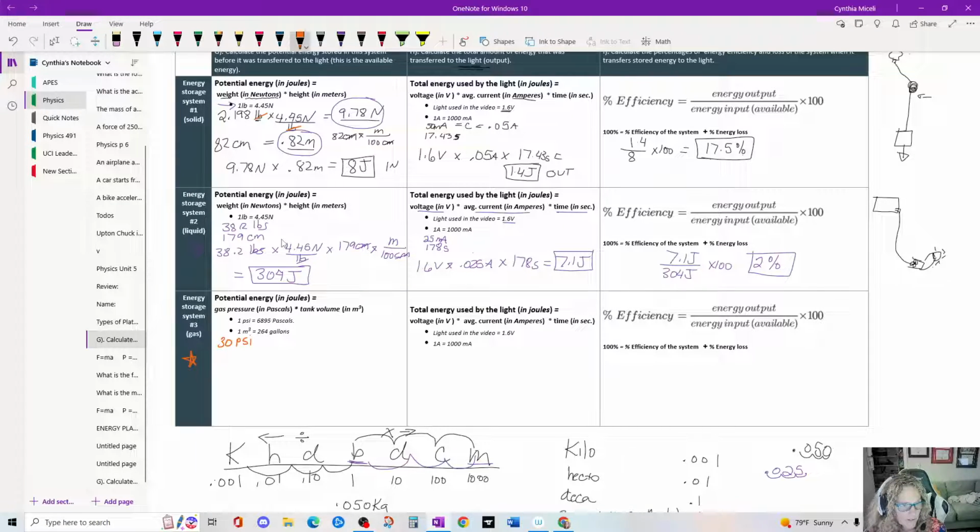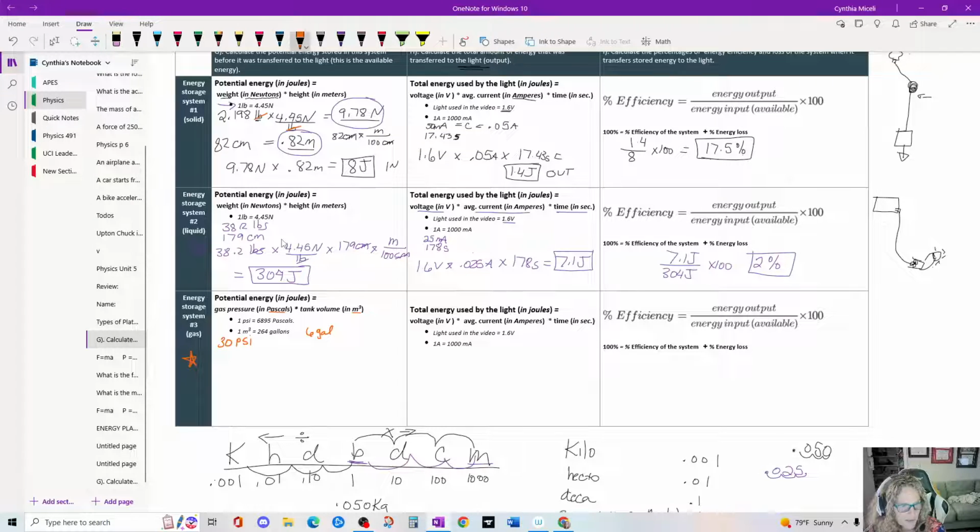And we also found out that the air tank was 6 gallons. Now, to find the potential energy with air, we need our PSI in pascals and our volume in meters cubed, not gallons. So we have to change both of these numbers to be the right units.